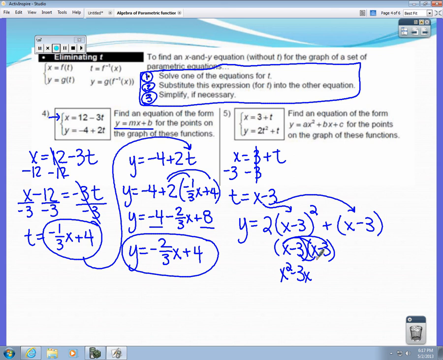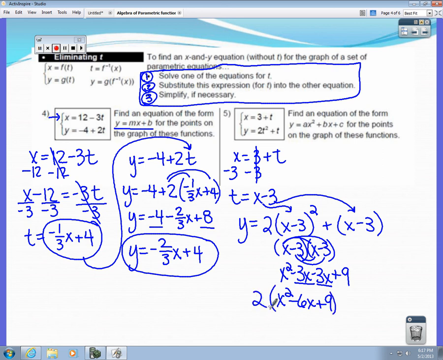Inside times inside is another negative 3x. And negative 3 times negative 3 is positive 9. I can combine my negative 3x's, so now I have x squared minus 6x plus 9.